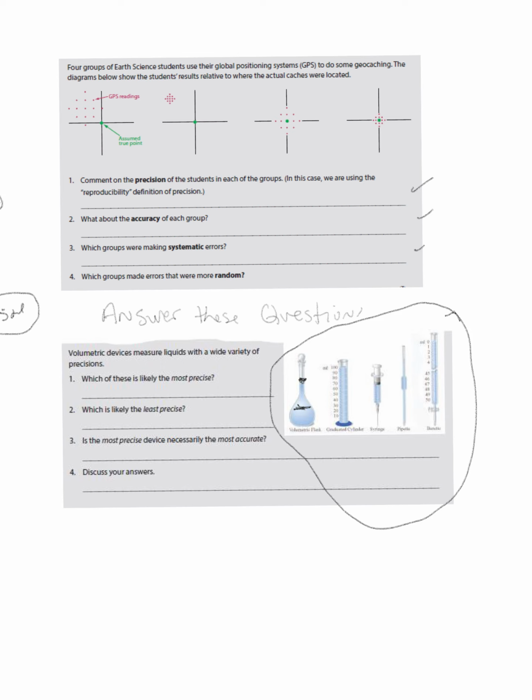Whereas the graduated cylinder has many more divisions. And a syringe, because it measures very, very small volumes, is going to have very, very small increments. And generally speaking, the more divisions you have in an instrument for making measurements, the more precision it has.